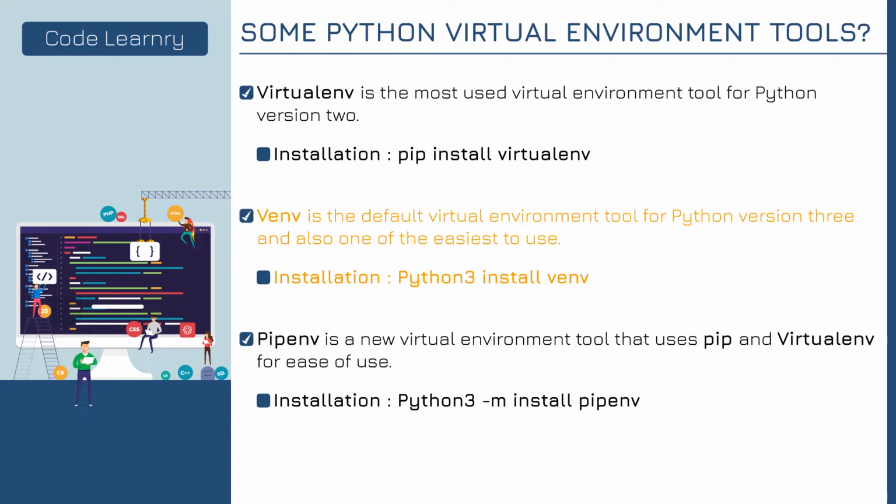So again, the command used to install venv is python3 install venv, and as I said, venv is meant for Python version 3 and then virtualenv is meant for Python version 2. So if you want to install venv on your computer so that you can create and also manage virtual environments for Python version 3, you want to run the command python3 install venv, and that will install venv on your computer that you can use to create and also manage virtual environments.